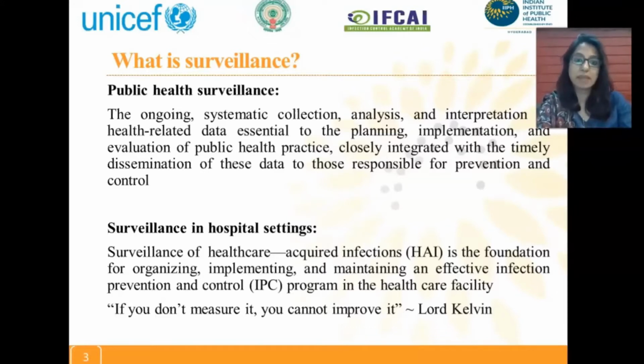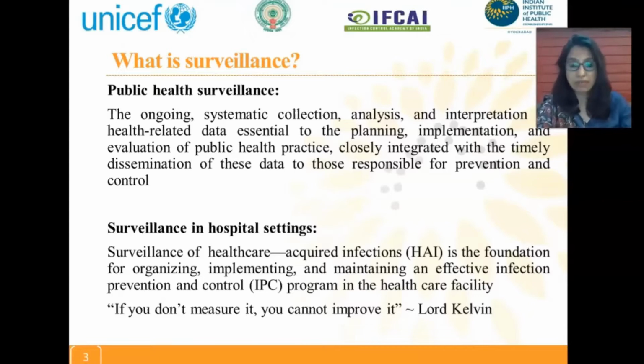Now, if we apply the same surveillance for hospital settings and use it for healthcare acquired infections, the surveillance of healthcare acquired infections sets up a foundation for any organization in organizing, implementing, and maintaining an effective infection prevention and control program in the healthcare facility.